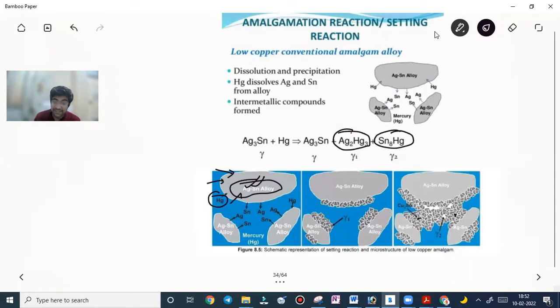Remember, the silver tin compound, that is the unreacted alloy powder, is known as the gamma phase. The silver mercury compound is known as the gamma 1 phase, and the tin mercury is known as the gamma 2 phase.